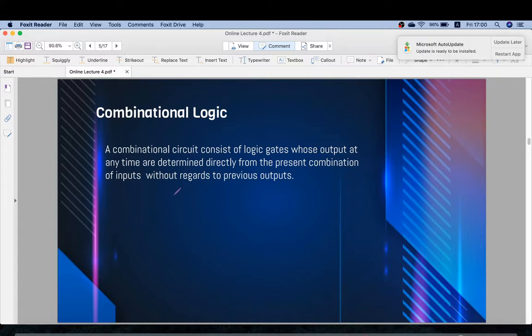It is the same thing we were discussing: a combinational circuit consists of some logic gates, it can be any gates, and the output of those gates always depends upon the input we are giving to it. It does not require the output of any previous procedures, so it's standalone. Just give the input and we'll get the output as per the inputs.